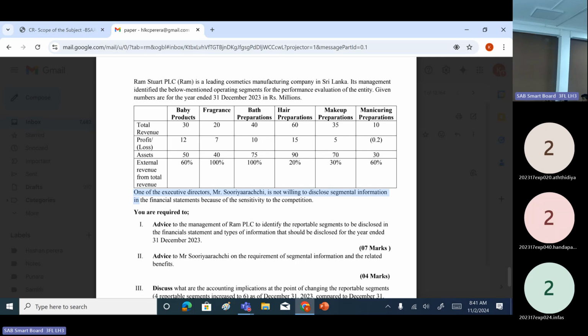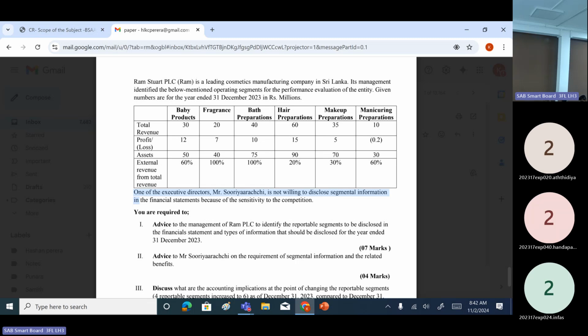We need to take decisions for respective segments, each and every segment, because we may have loss-making segments that may be tied to other profit-making segments. We are keeping this loss-making segment up until creating a huge loss. We need to take immediate decisions. For that, we need to see the individual performance of particular different segments. That's why we need to publish our segmental information.